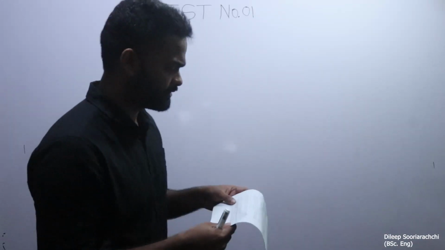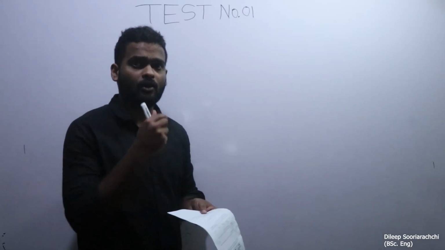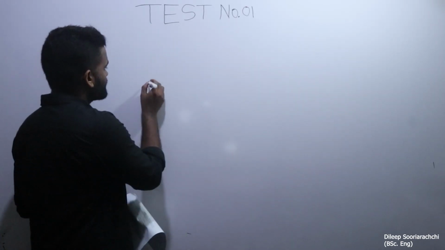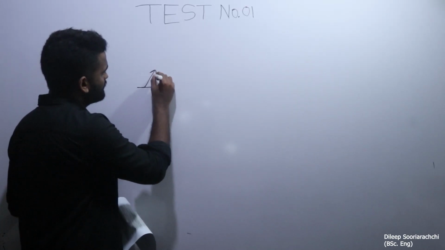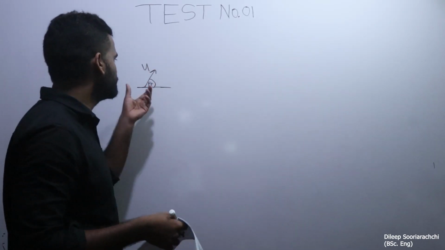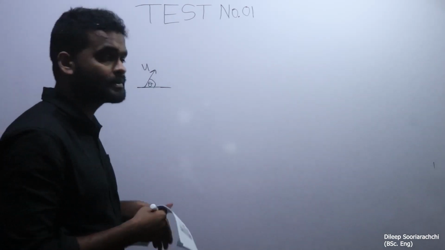If you remember that, they are asking for the maximum height of a projectile. The initial speed of the projectile is u, and it makes an angle theta with the horizontal.